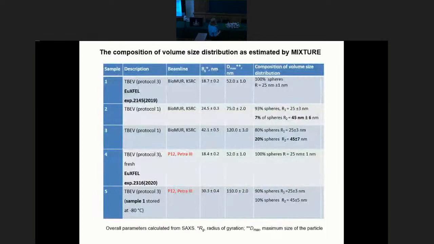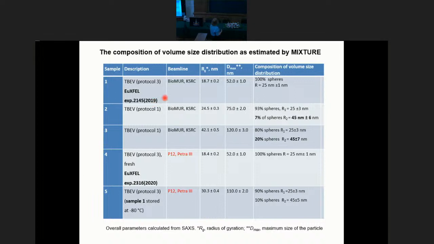This table is much more representative: you can see that for protocol 3, we have 100% spheres with a radius of about 25 nanometers. This measurement was performed at the Moore beamline at the Kurchatov synchrotron just before the experiment which was performed in 2019 at European XFEL.